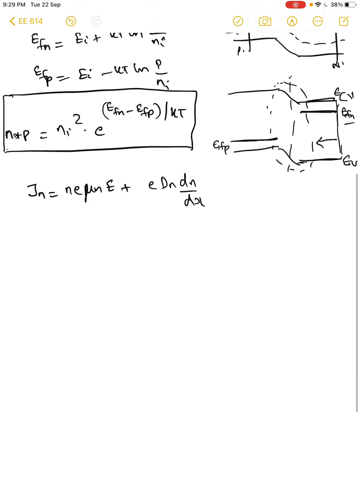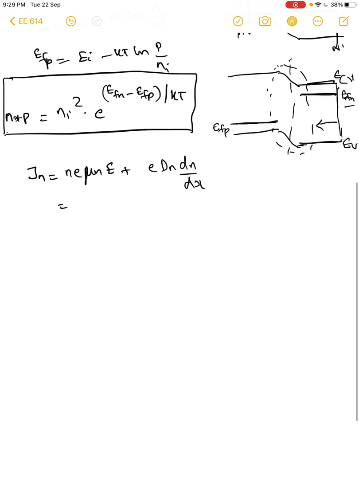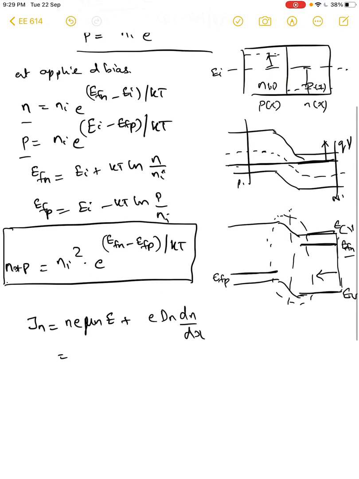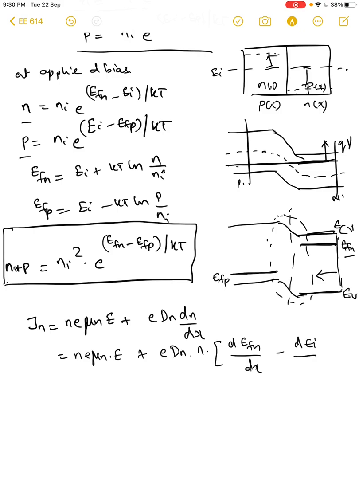Let us say we will substitute the value of n from the expression that we have previously written, which will give you Ne mu n capital E plus E dn. Differentiation of this will give you again n, and you have dEFN by dx minus dEI by dx by kt.